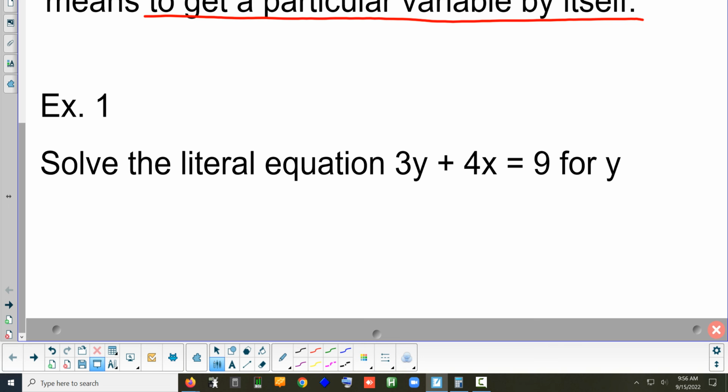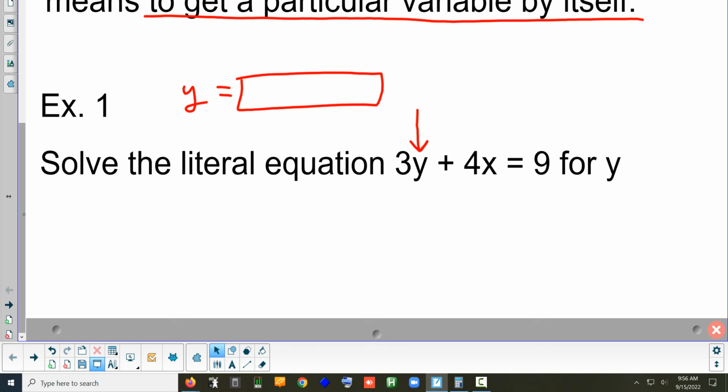And what they want us to do is get y alone. So when we're done, we want it to look like this. Y equals, and I basically want to know what would go in that box. So what we have to do is move everything from the left-hand side that's not a y over to the other side.